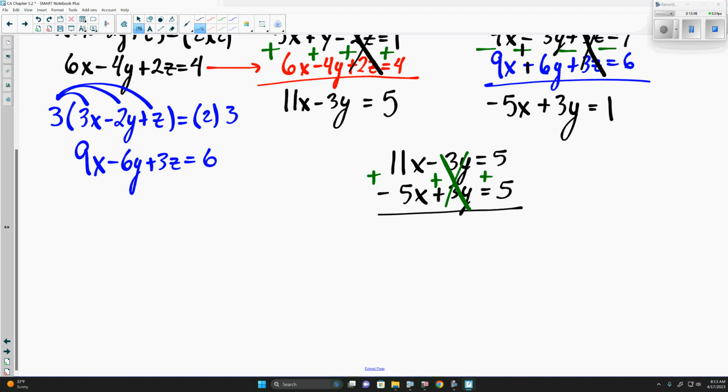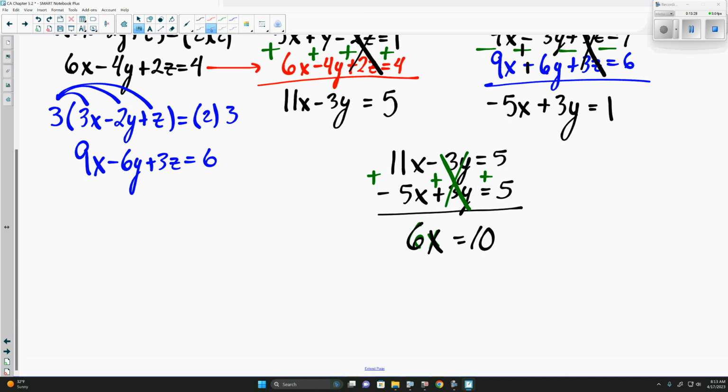So we can add the rest. 11x plus negative 5x. 11 minus 5 is 6x. 5 plus 5 is 10. Well, now we have 1 equation with 1 variable, so we're going to solve.